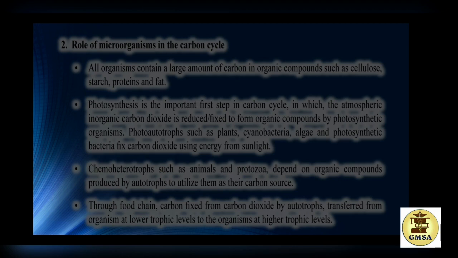For example, around 4 or 5 trophic levels can be found in a basic food chain. So once the primary consumer consumes the primary producer, progressively the second, third and fourth consumers will consume the organism from the lower trophic level. So the carbon will be incorporated into their bodies with this process.